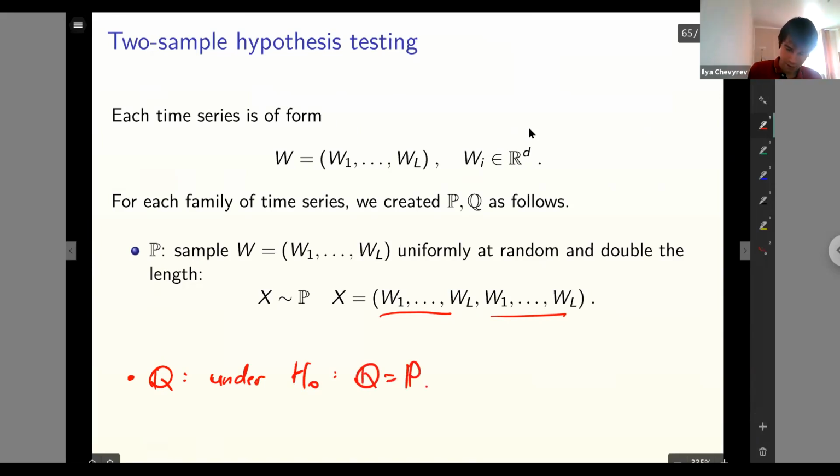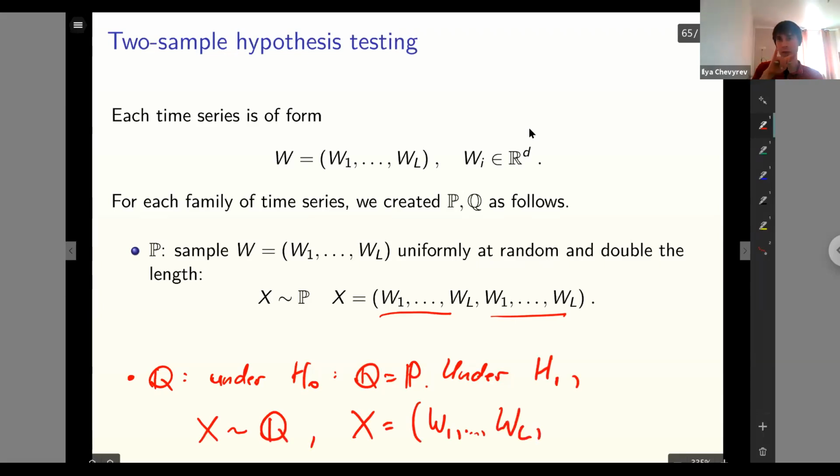And under H1, when they were not the same, we let X be distributed according to Q by saying that X was equal to W1, ..., WL, and then we swapped the order. So we concatenated it as before, but in doing so, we swapped the order of the time series.